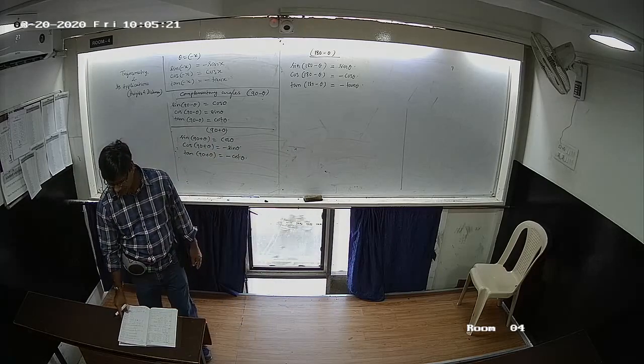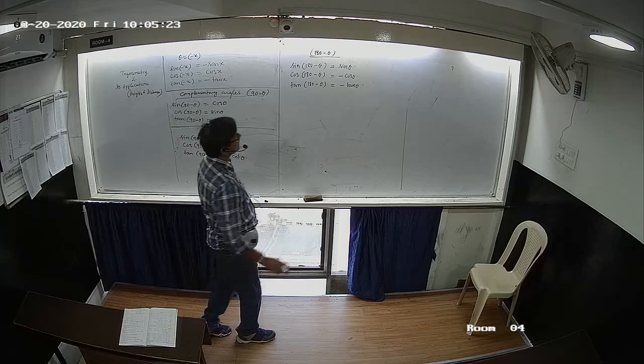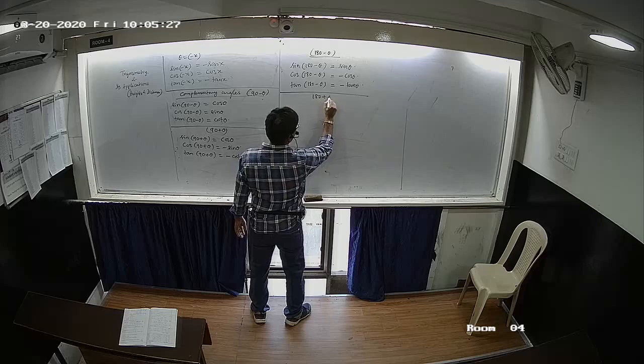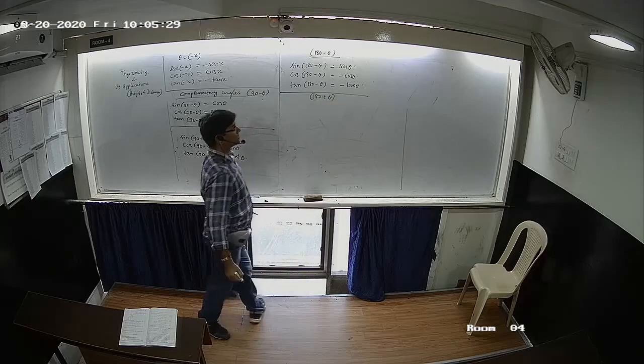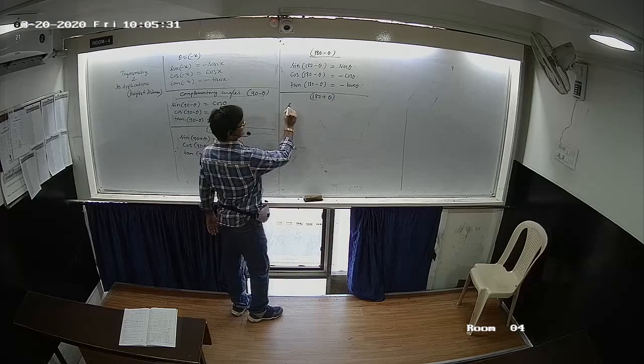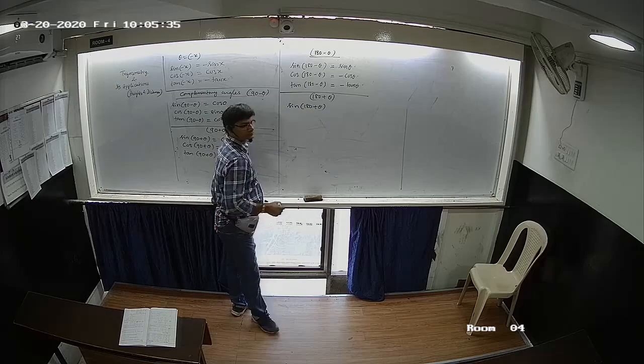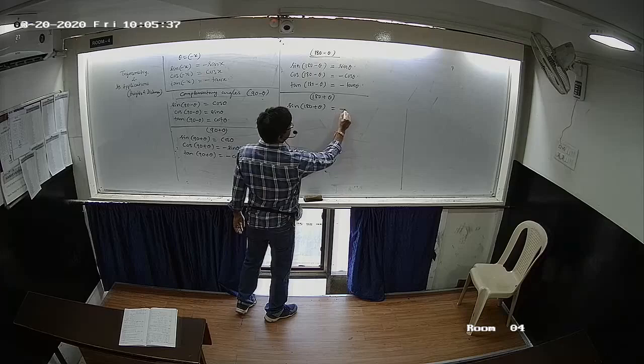The same way you can have for 180 plus theta. What will be the value for sine? Sine of 180 plus theta is equal to minus sin theta.